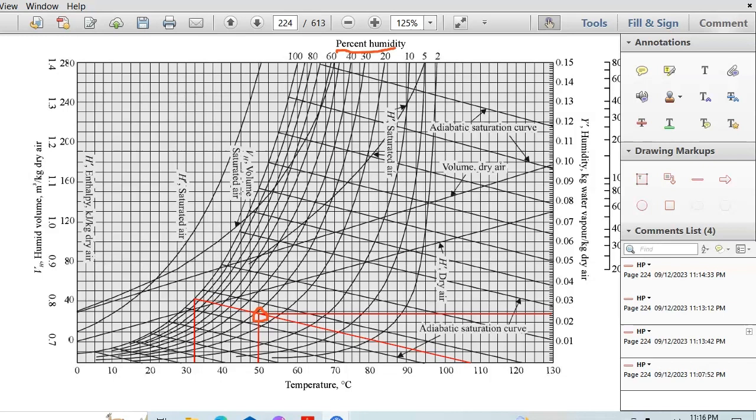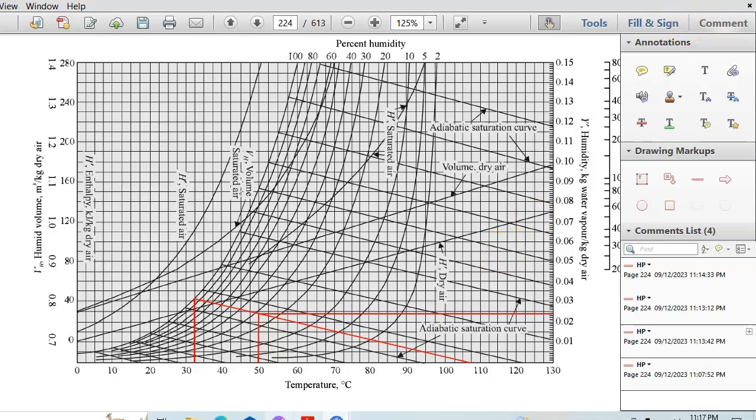From the point of interest, we draw a curve like this, so around 28%. 30 is around 28%.